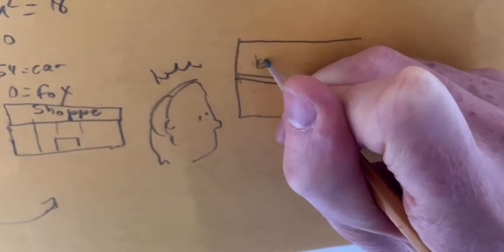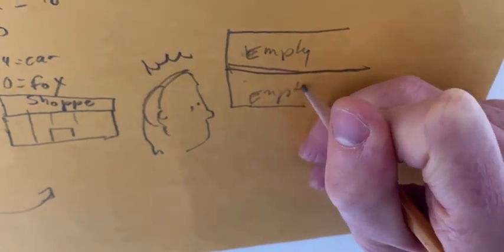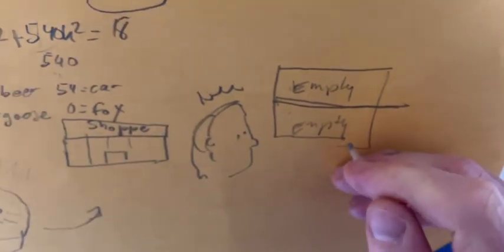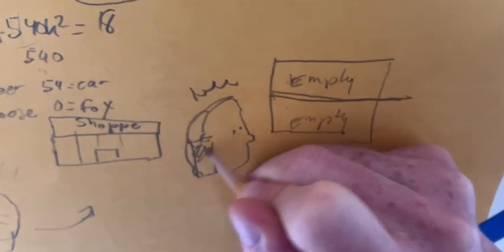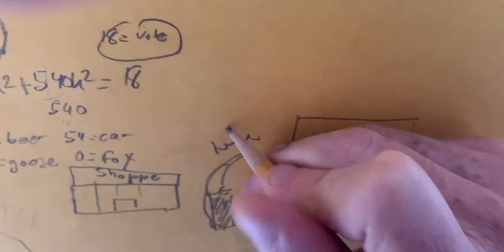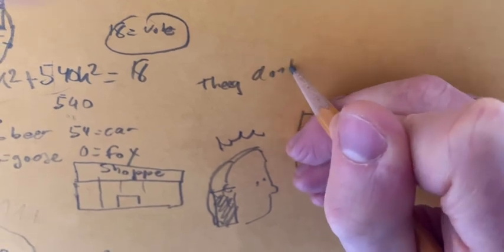So empty. So he decides to ring, what's his name? Zoomba up and says they don't have beer.